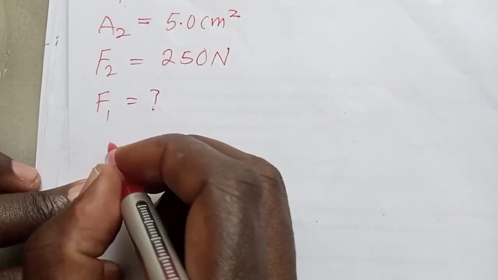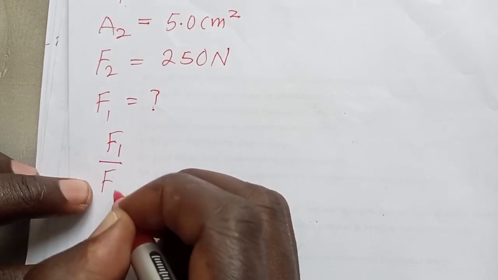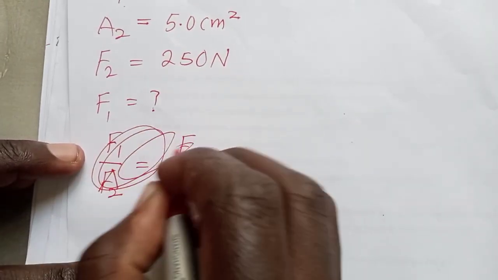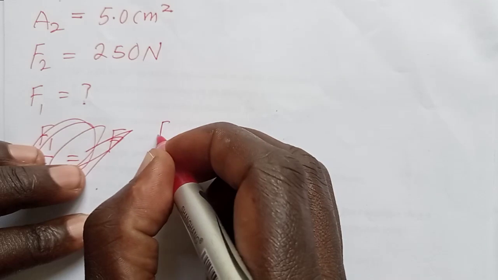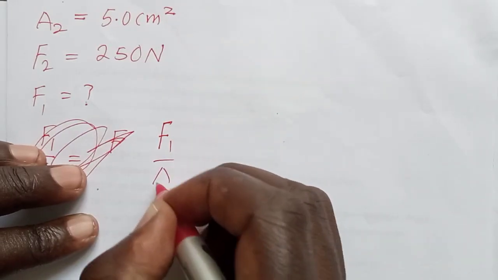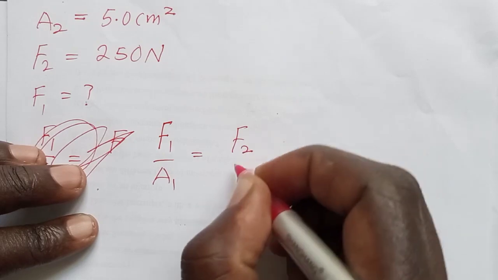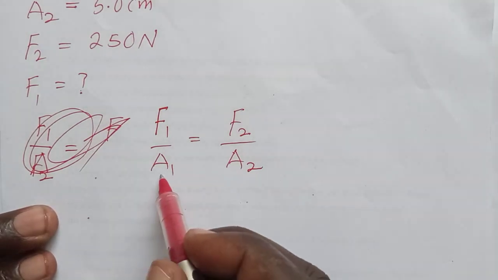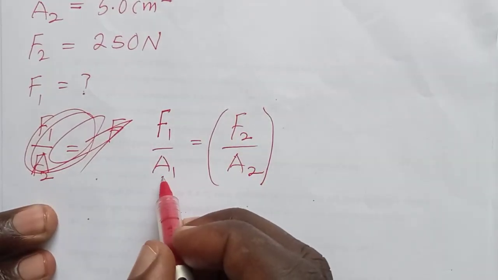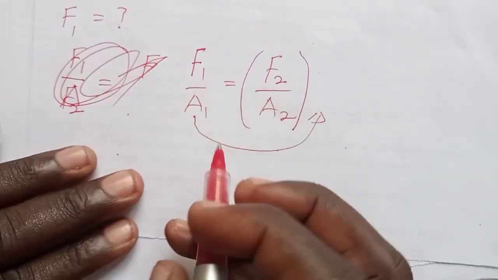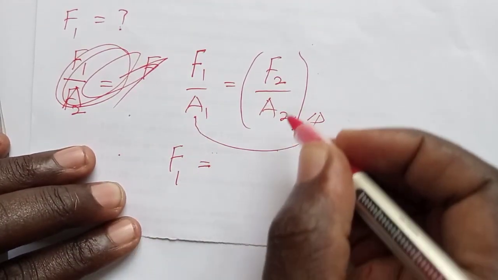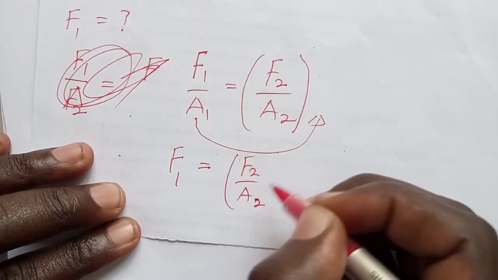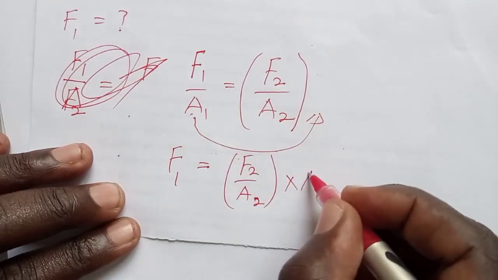But we also know that F1 upon A1 is equal to F2 upon A2. You see? So what I'm going to do here is I will keep this one intact, then I will take this one to the other side, so that on this side I have F1 is equal to F2 upon A2, everything multiplied by this A1.